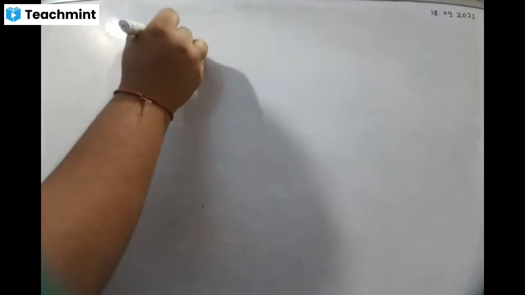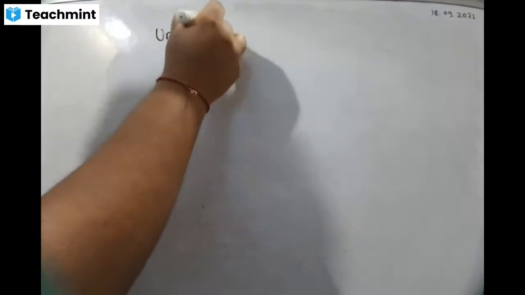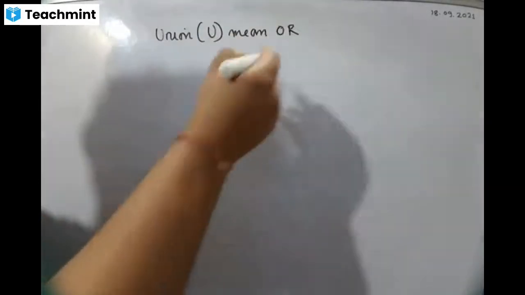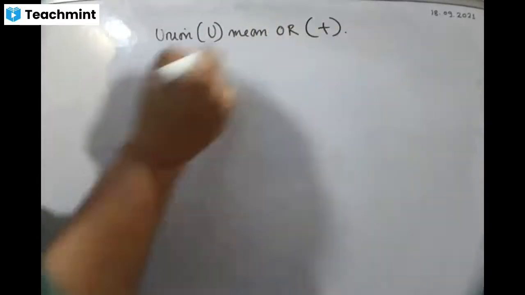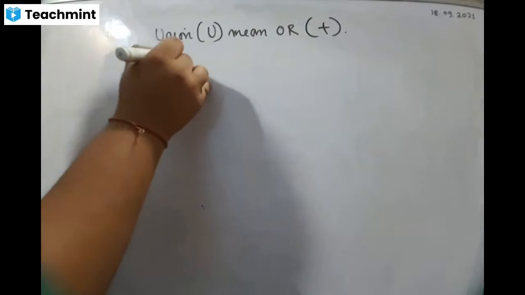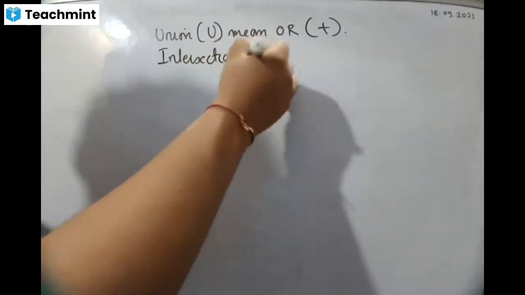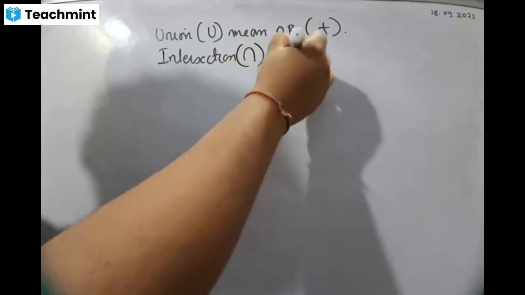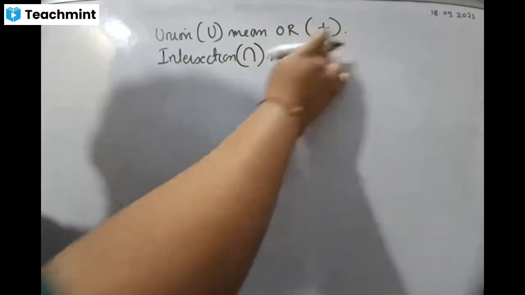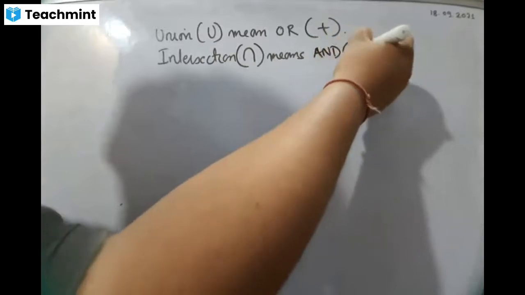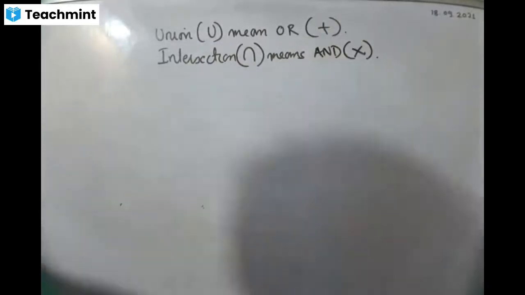Union, this symbol means or, and or means plus. And intersection, this symbol means and, and this symbol means multiplication.